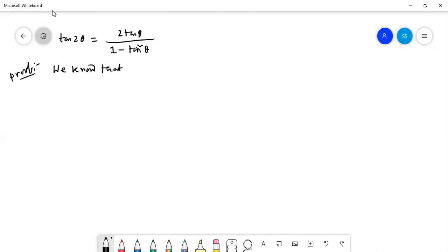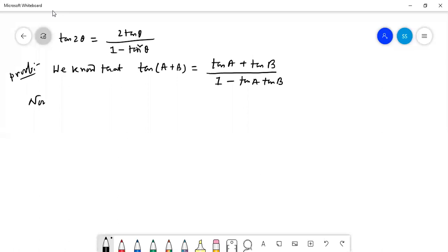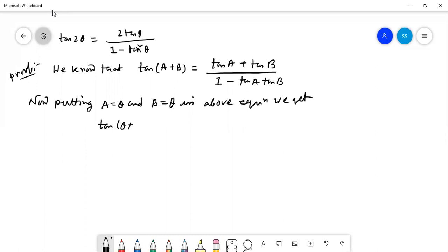We know that tan of A plus B is equal to tan A plus tan B by 1 minus tan A tan B. Now putting A equal to theta and B equal to theta in the above equation, we get tan of theta plus theta is equal to tan theta plus tan theta by 1 minus tan theta into tan theta.